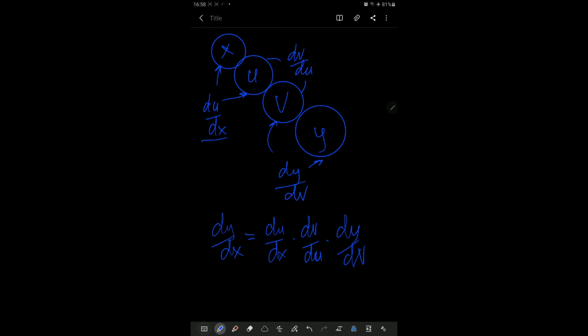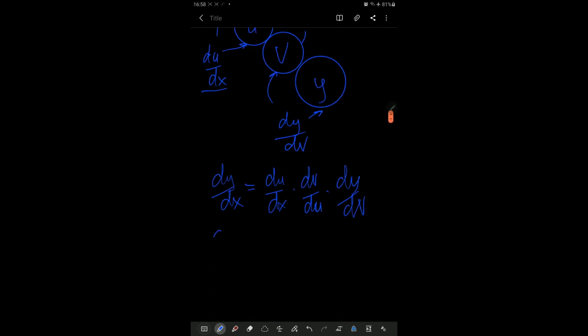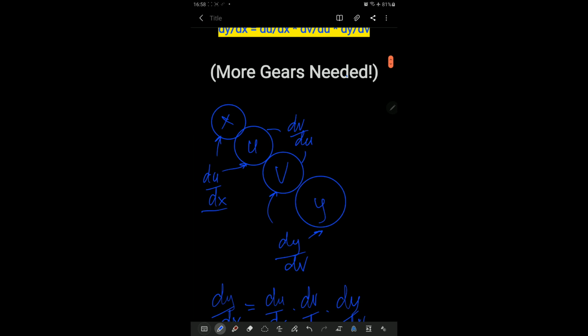So that's actually an extension of the original chain rule. The original chain rule, or the existing one that everyone knows, is dy dx equals du dx times dy du. So what I've actually done is just added an extra intermediate variable, if you like, into the mix.